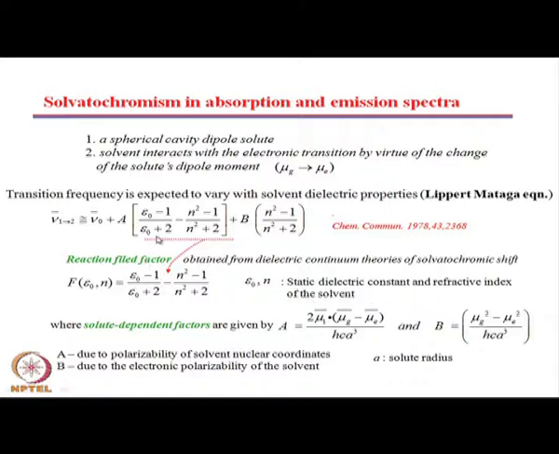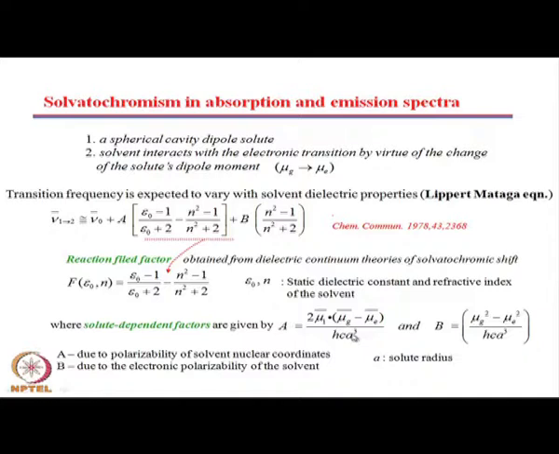In principle, if you know this, then what is happening exactly is that, knowing how much shift there is with respect to a low polar solvent to your unknown solvent, you should be able to find out this factor, where this is your solute radius.